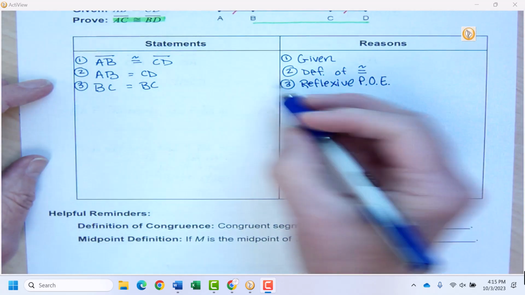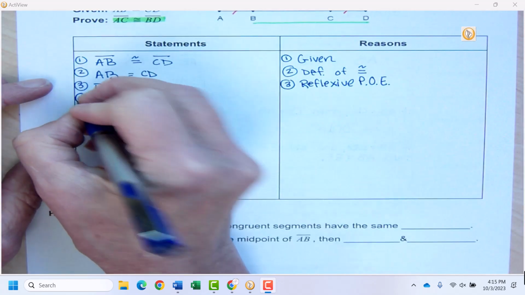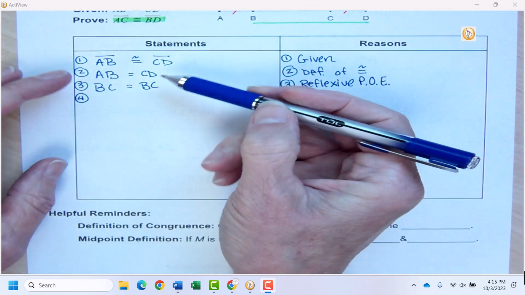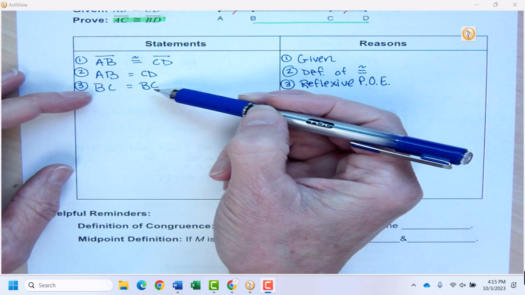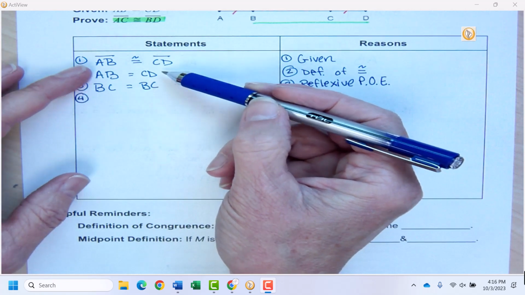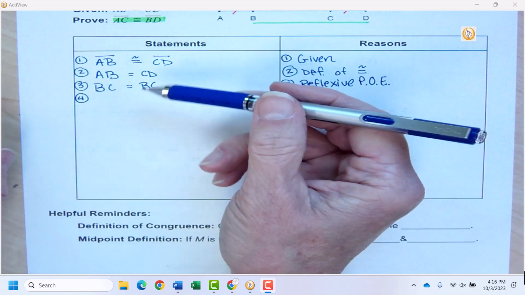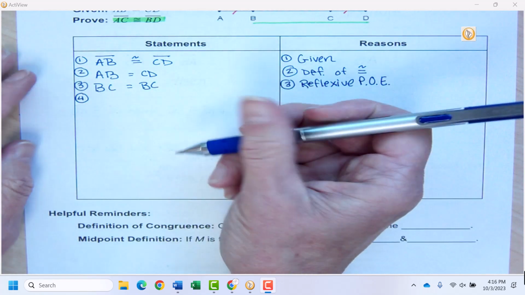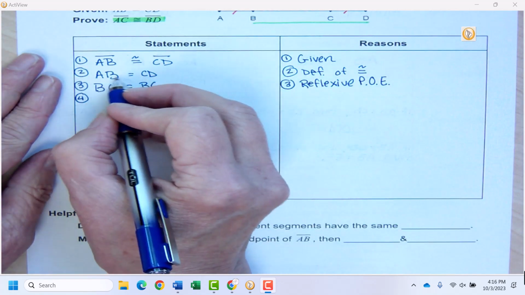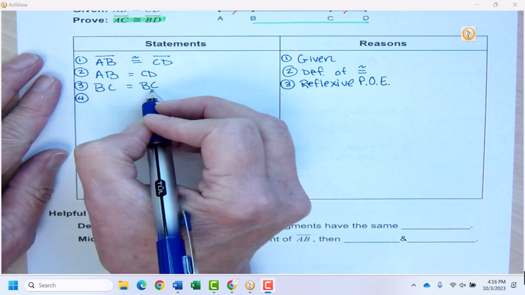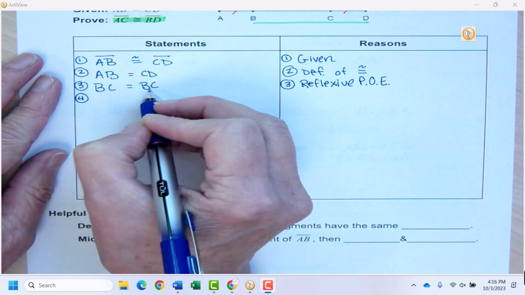All right. And now we're going to go back to what we know about some algebraic facts. If I add the same value to both sides of an equation, then the resulting equation is true. So I'm going to take the equation from step 2 and add this value to each side.